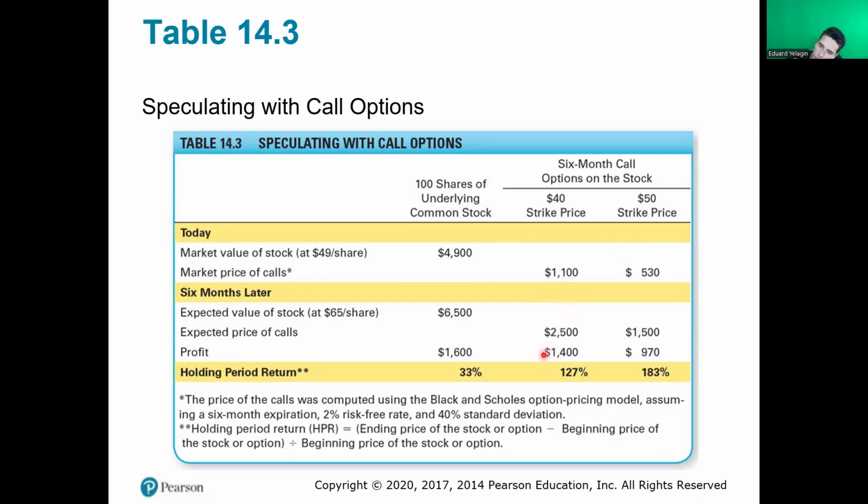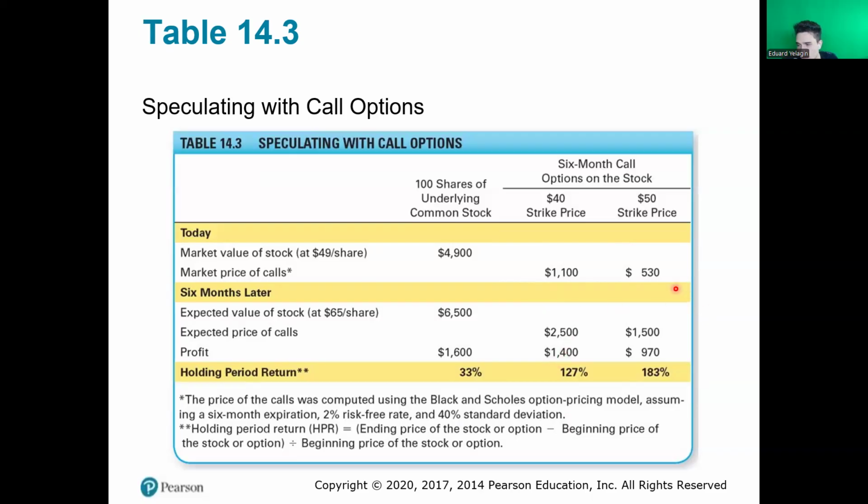And so if the stock price goes to $65, you will sell these options on the market or exercise the contract, whatever you want to do, and your additional return will be $2,500. Your initial price was $1,100, so $1,400 you actually made, which is a 107% rate of return.